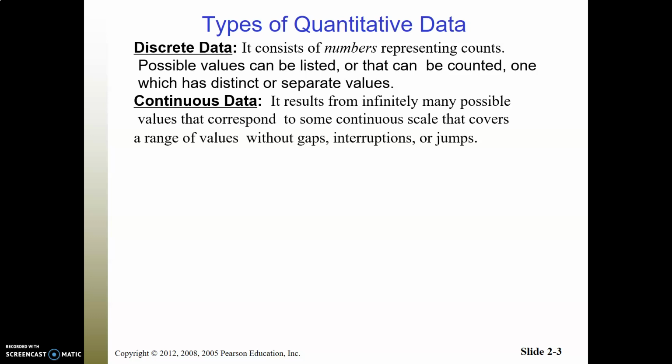You say to your friend, my friend talks to me continuously, which means he talks to you without any gaps, without any interruption, without any jumps. I watched that movie continuously, which means without any break. So if the data comes into existence as a process of measurement, then such data is called continuous data. The examples are, for example, your weight.